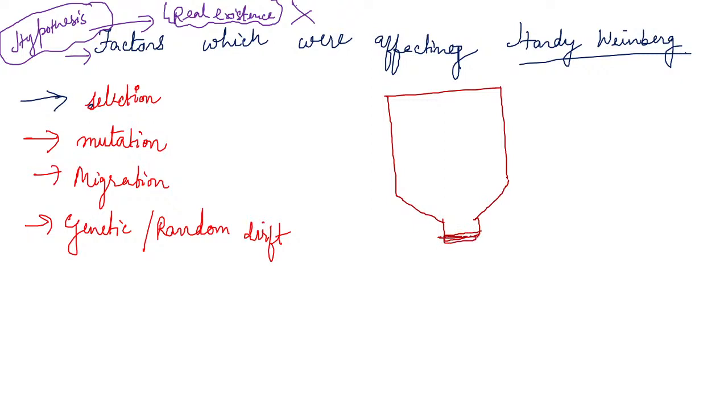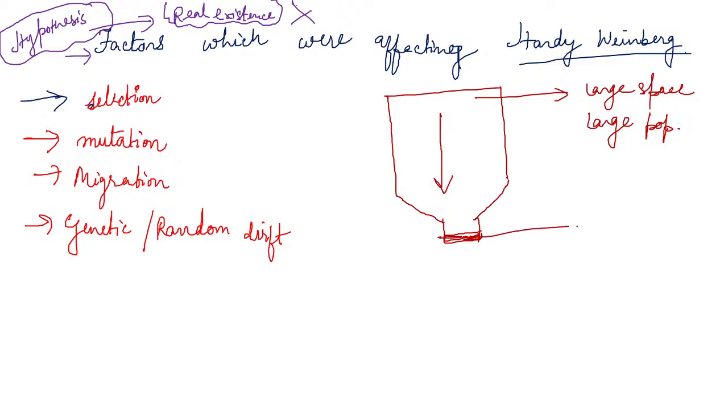If we study the bottleneck effect, you can see that this one has a large space, and this represents a large population. But gradually, as we are coming to the end, we can see that this is very narrow, very thin and very less. So a narrow, thin and less population, or less density, we can find at the neck region.